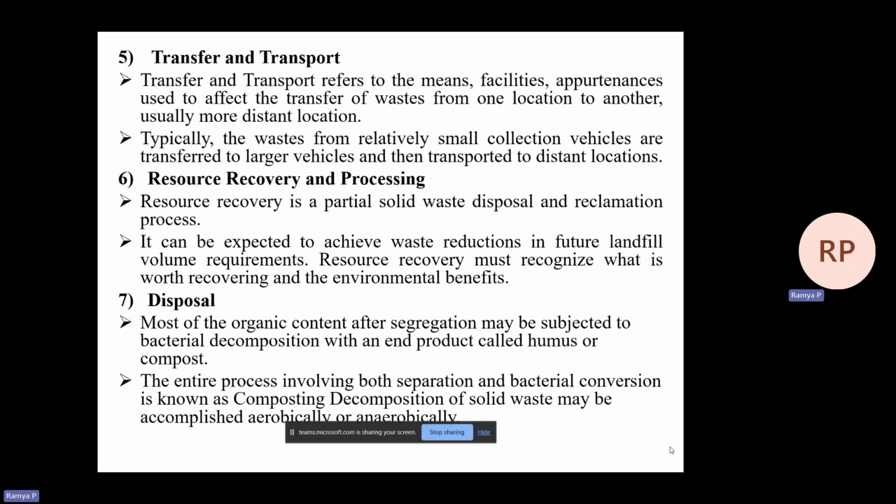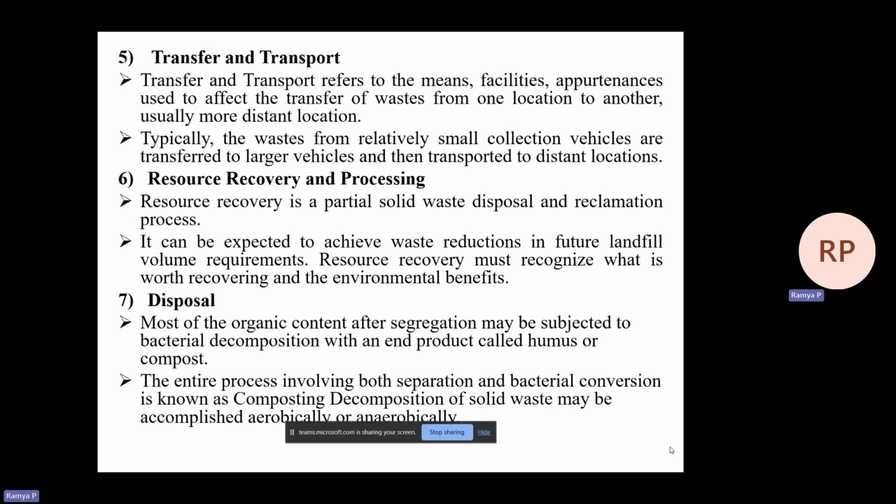Whenever we undergo any processing, for example if we are treating plastic, we should make sure that when we start treating the plastic, it does not create hazardous waste out of it. It should always be environmentally friendly too. So we need to think of resource recovery and processing for each and every solid waste.